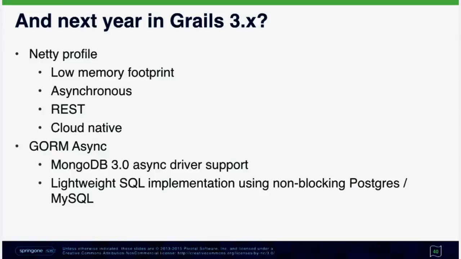The current version of GORM async allows you to separate your IO-bound interaction into a separate thread and control that thread, but those IO-bound operations are still blocking. So when you do gorm.async.list, for example, you can control that thread pool where your blocking operations are, in a separate thread pool, and you can manage that thread pool separately. That's what Grails' current async support is about.